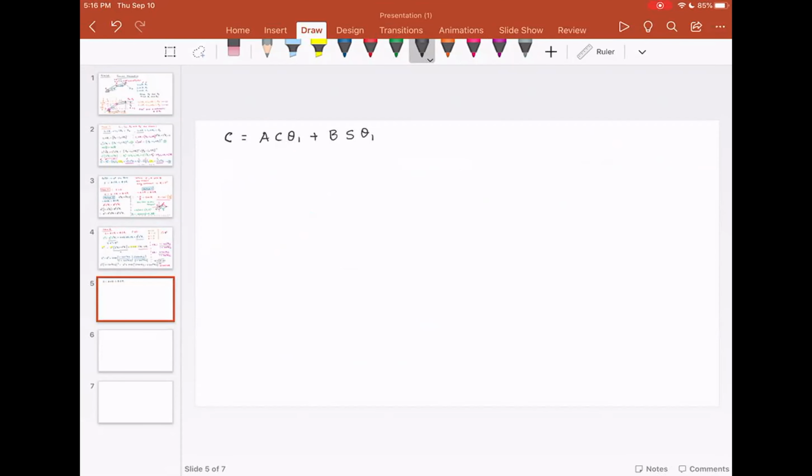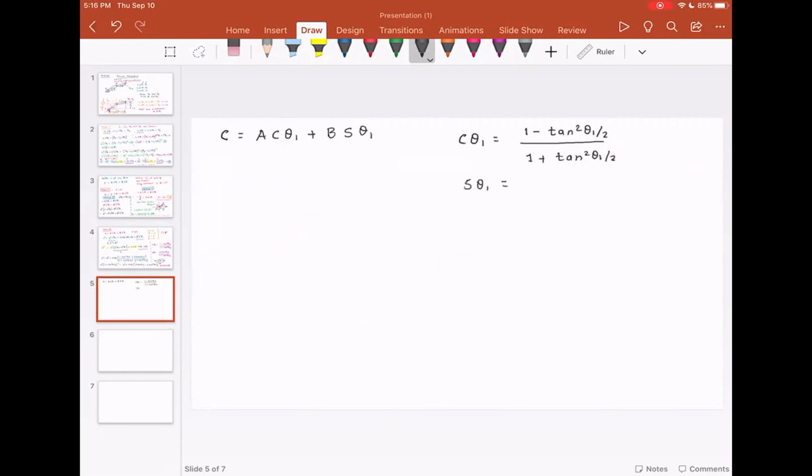Instead of trying to simplify this equation any further, what I'm going to do is, at this point itself, replace cosine theta 1 with 1 minus tan square theta 1 by 2 divided by 1 plus tan square theta 1 by 2, and sine theta 1 with 2 tan theta 1 by 2 divided by 1 plus tan square theta 1 by 2.